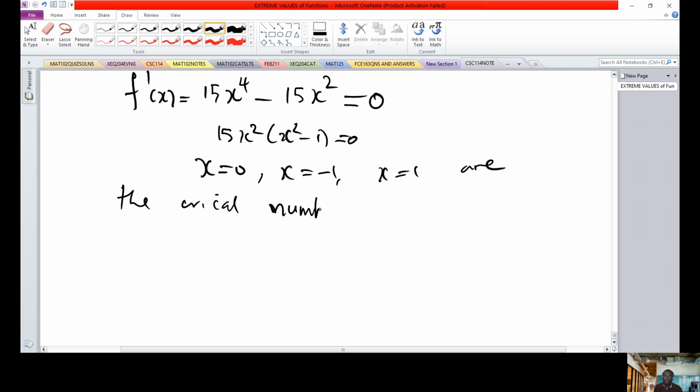Critical numbers. So therefore now let's get the second derivative. So I'll have 60x cubed.